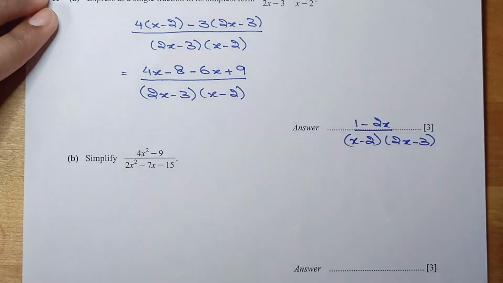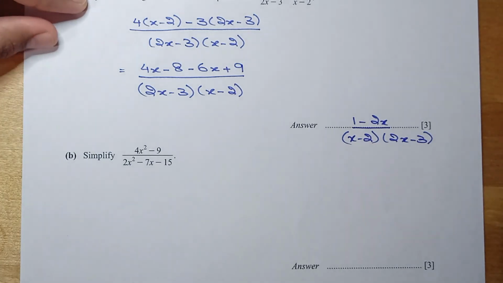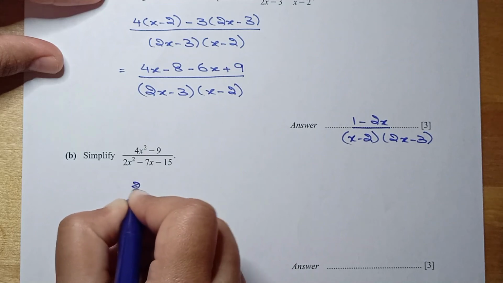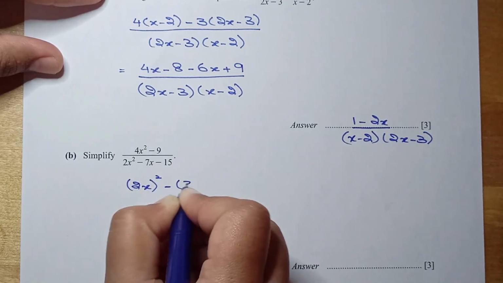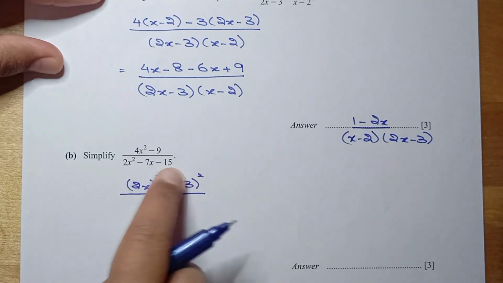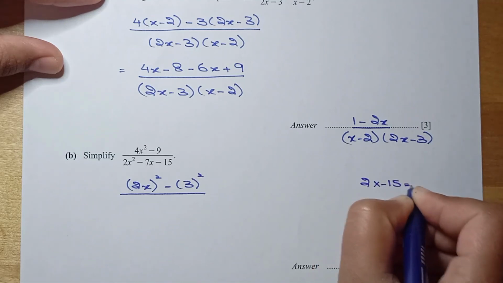Now for the B part, again we need to simplify this expression. It is a quadratic expression. So let me factorize this expression. So 4 is a square of 2, 2x whole squared. 9 is a square of 3, 3 squared, over. So in the denominator we can break the middle term. 2 times 15, negative 15, is negative 30.